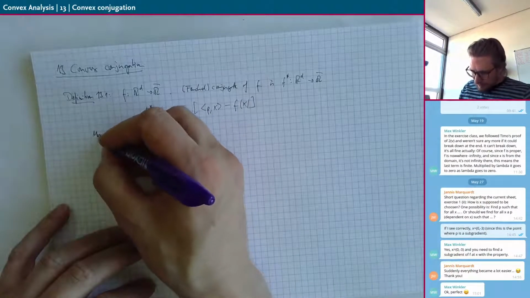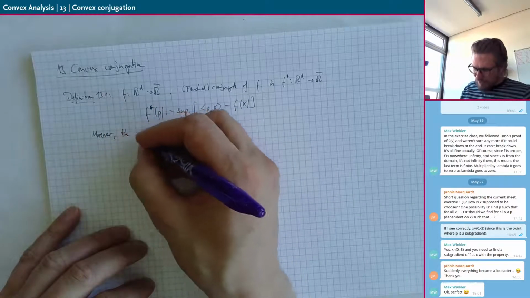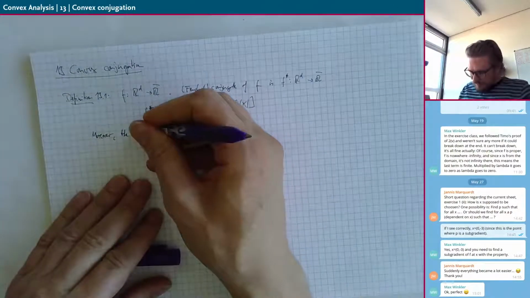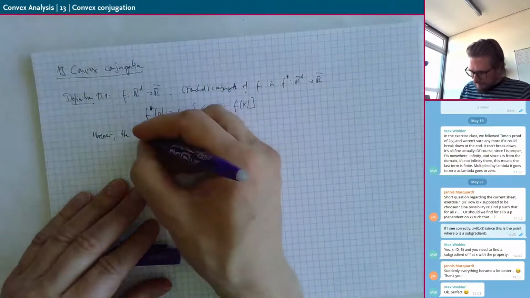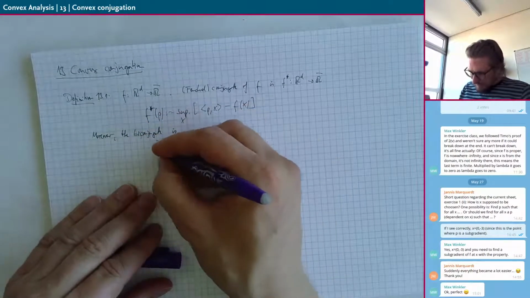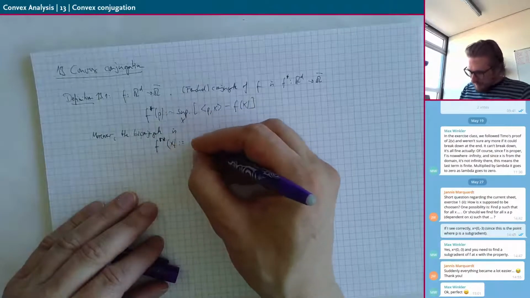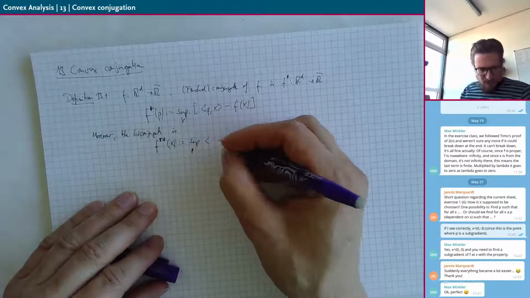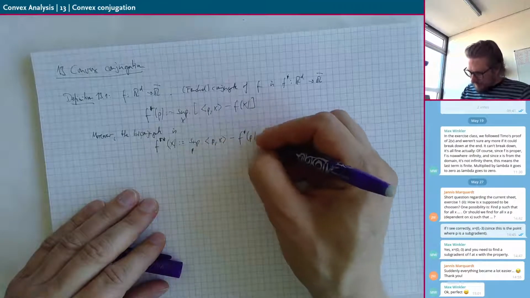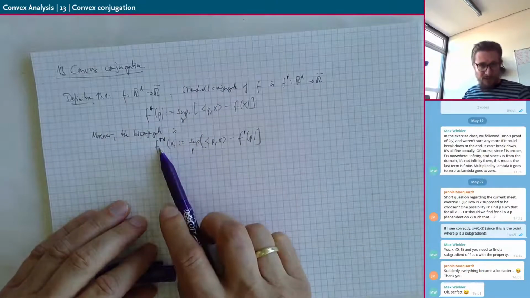Moreover, we could also do this twice, and this is then called the biconjugate. The biconjugate is f star star, and I plug in an x again, and this is the supremum over all p of the inner product of p with x minus f star of p. So it's totally symmetric. We just do it twice, and then we get the biconjugate.